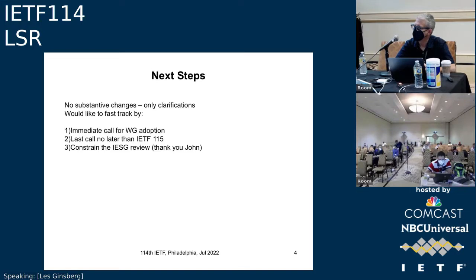And I know John has graciously volunteered to try to speed the IESG review by constraining it just to the changes, not to reviewing the entire contents of the original RFCs. And John, I'll certainly take you up on that. I hope we can do that. And that's it.